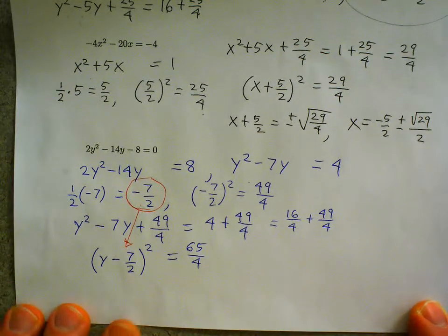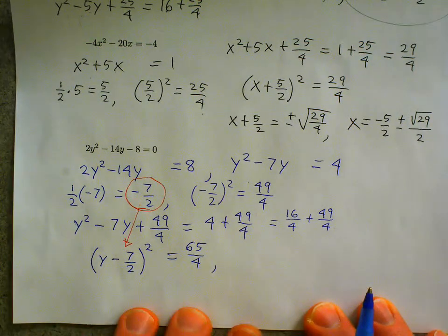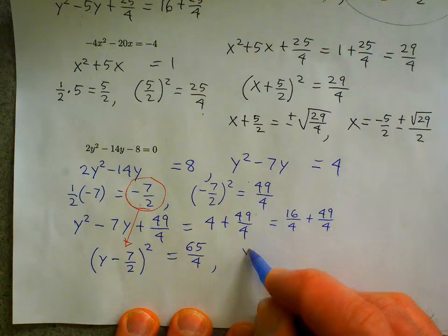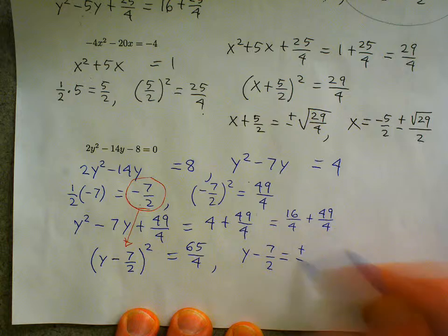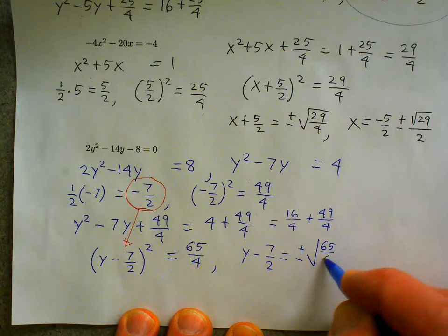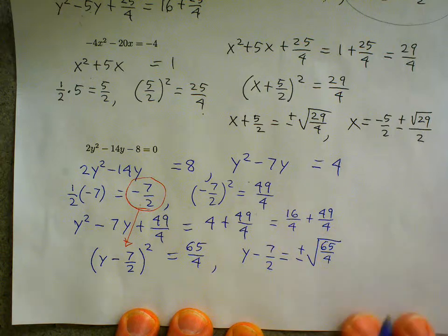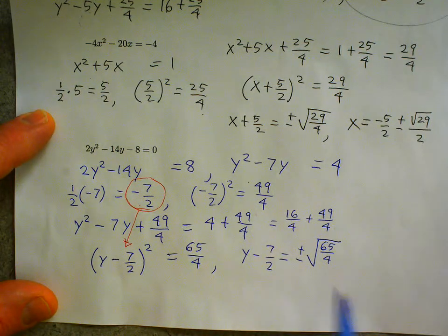And now we can apply the square root property, and we'll get y minus 7/2 equals positive and negative square root of 65/4. In the next step, we'll do a couple of things.